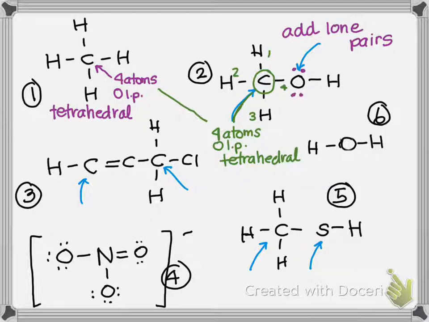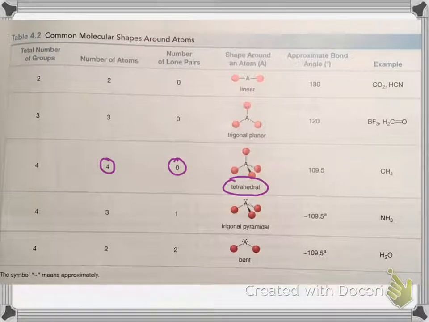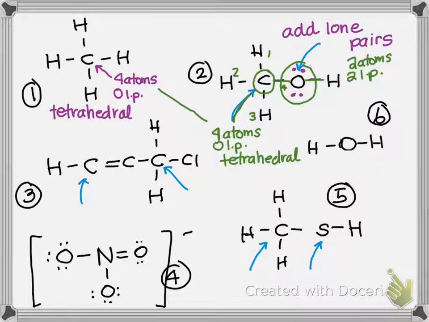Now then the oxygen right here is attached to 2 atoms, and around the oxygen, because that's what it's pointing to, it has 2 lone pairs. So let's look back. 2 atoms and 2 lone pairs is bent. So around the oxygen, this guy is bent.